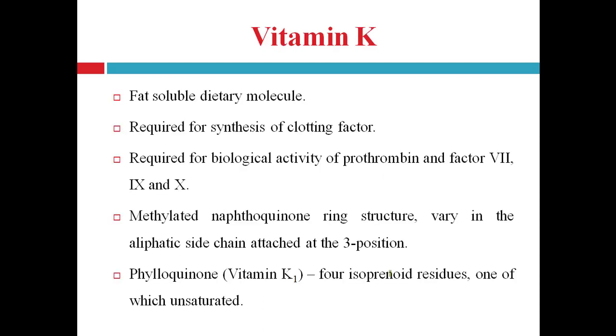First one is vitamin K. Vitamin K is a fat-soluble dietary principle and that is required for the synthesis of clotting factors, as we know, right? It is required for biological activity of prothrombin and factors 7, 9 and 10, right?